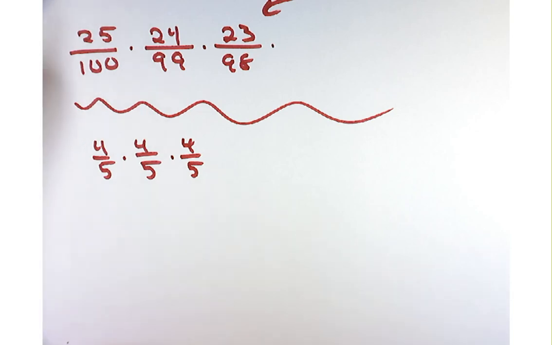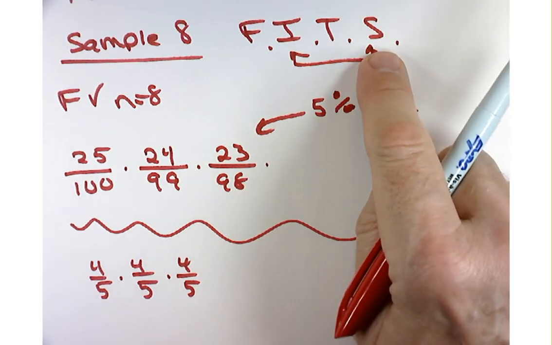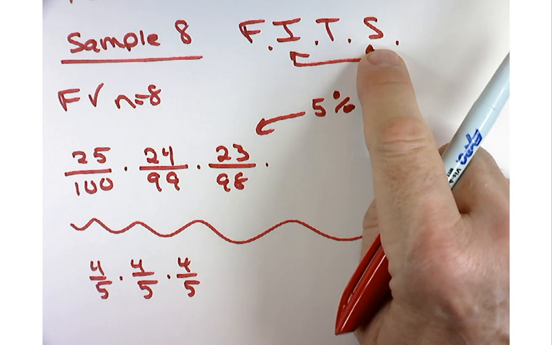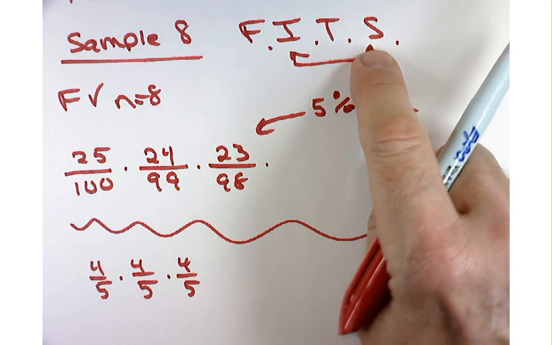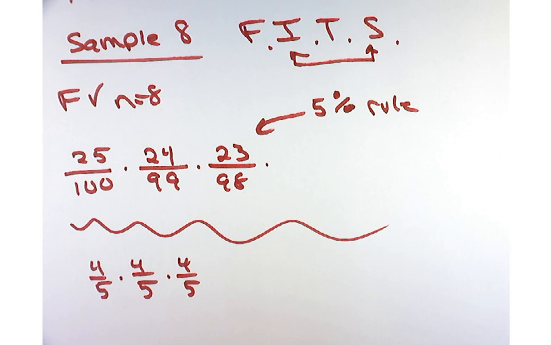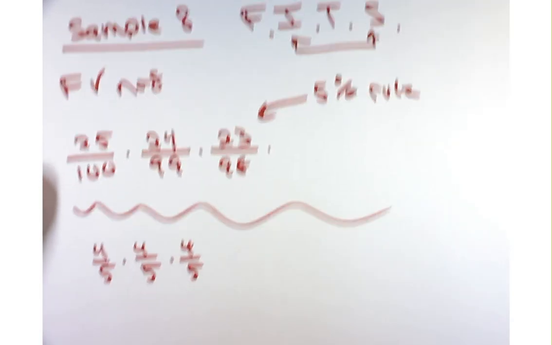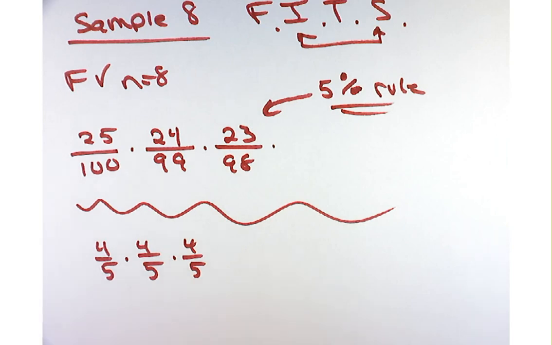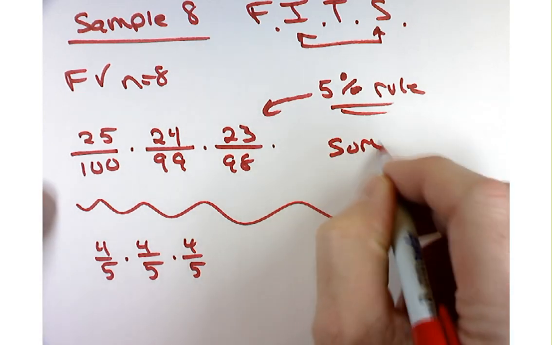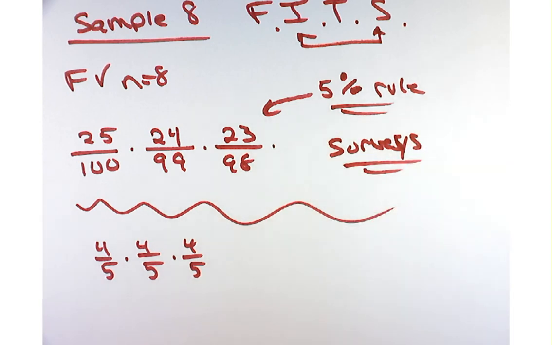What happens with one couple's baby and what happens with somebody else's are independent. And then they told you to assume the probability was 50% for the whole thing. So that would give you your same probability throughout the trials. So there's a couple ways you can arrive at that S, but a lot of times it's through the 5% rule when you're talking about surveys. That's how you typically get that 5%.